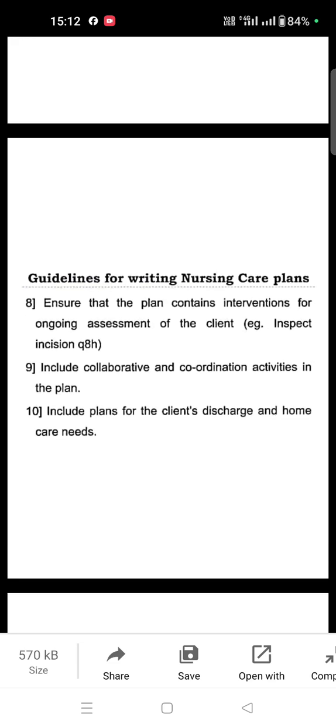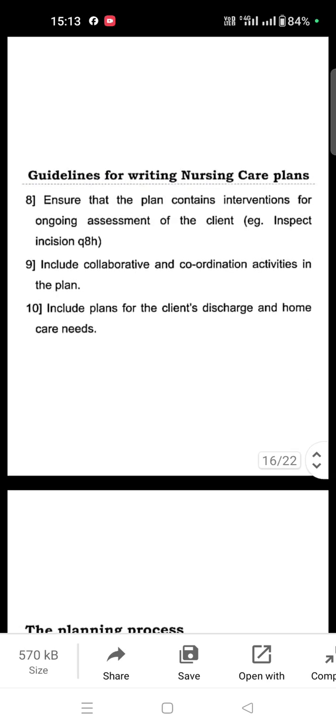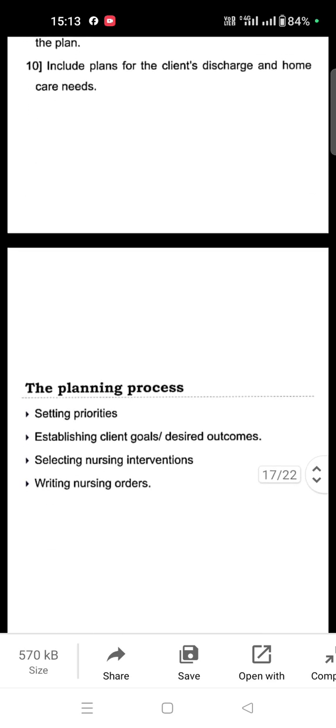Assessment, planning, implementation, and evaluation are important; I will teach you in the next class. Then ensure the plan contains interventions for ongoing assessment of the client. Include collaborative or coordination activities in the plan. Include plans for the client's discharge and home care needs.